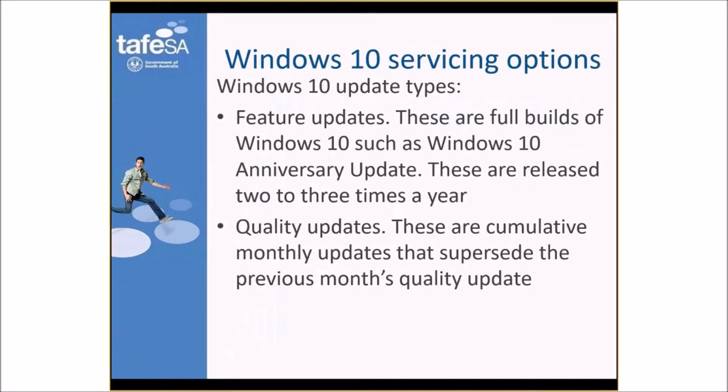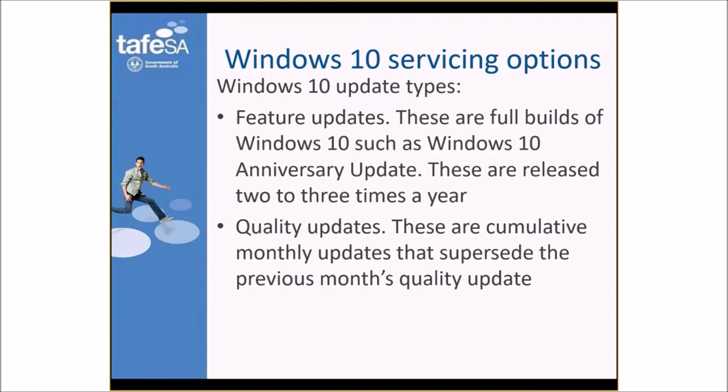There's also quality updates. These are cumulative monthly updates that supersede the previous month's quality updates. You might notice that almost once a month, or it seems like more often than that, your computer will be applying some sort of update. Some people call it Update Tuesday, because suddenly all the updates are available on a Tuesday, not Monday, because if something happens, everything always happens on Monday morning, doesn't it?